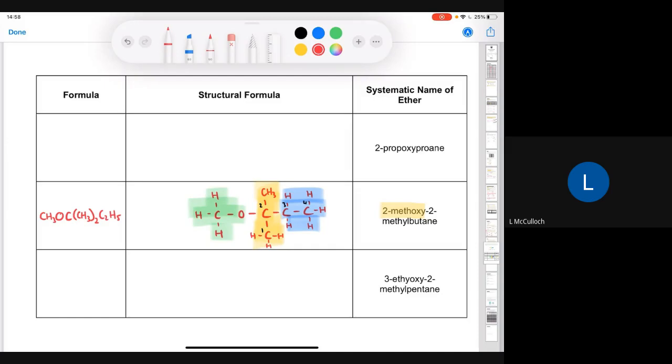Okay, so I'm going to go over the answers for the rest of this table. For 2-propoxypropane, it's 2-propoxy, which means the alkoxy group is coming off of the second carbon in the propane chain. So I'm going to draw propane so that it looks a bit like this.